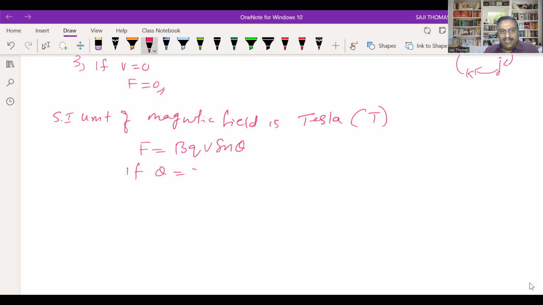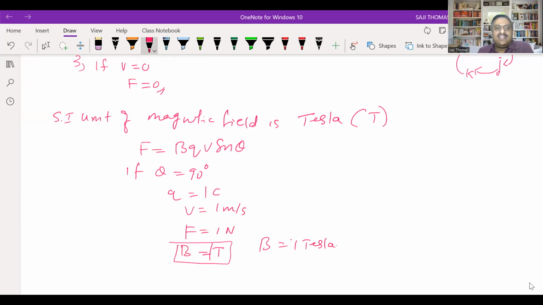If theta is 90 degrees, Q is 1 coulomb, V is 1 meter per second, and F is 1 Newton, then B will be 1 Tesla.